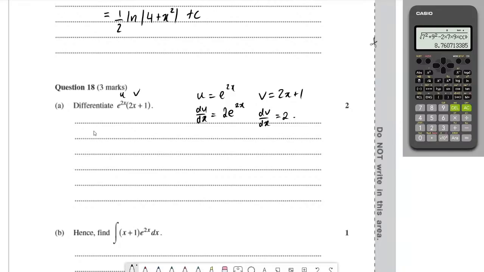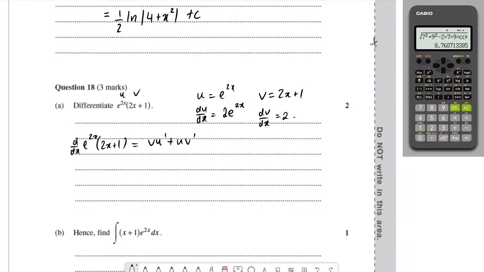Now, to differentiate this, d dx of e to the 2x, lots of 2x plus 1, it's going to be v u dash plus u v dash, which is, I believe, one of our differential calculus standard forms. So, on your formula sheet, it actually says dy dx is equal to u dv, or u v dash, plus v u dash.